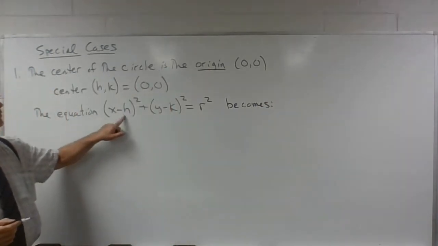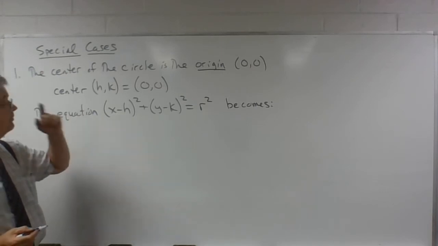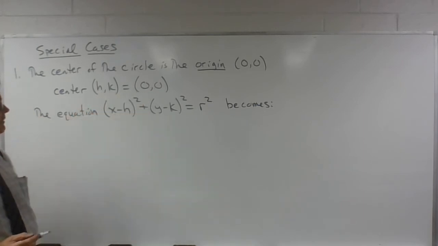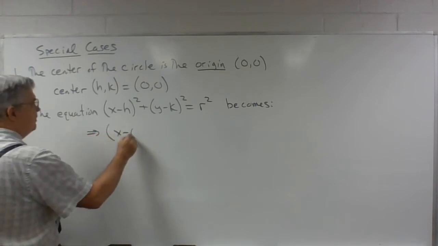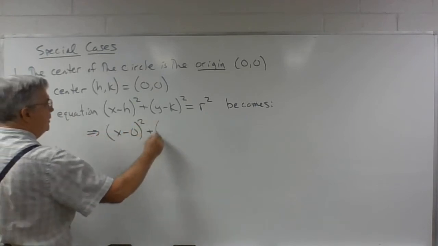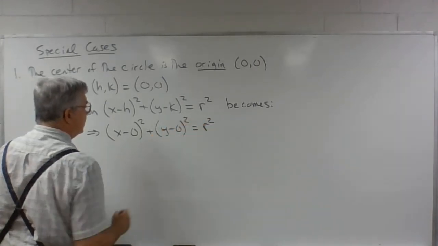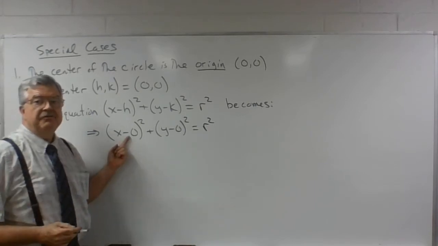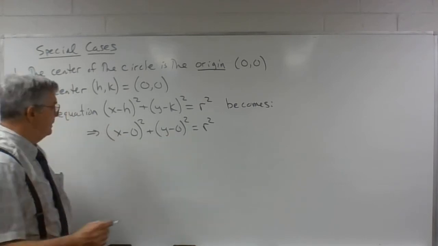So let's look at the standard form of the equation of a circle with center (h, k) and radius r, and see what happens if the center is the origin. Well, we have (x − h)² + (y − k)² = r². x minus 0, that's just x. y minus 0, that's just y.